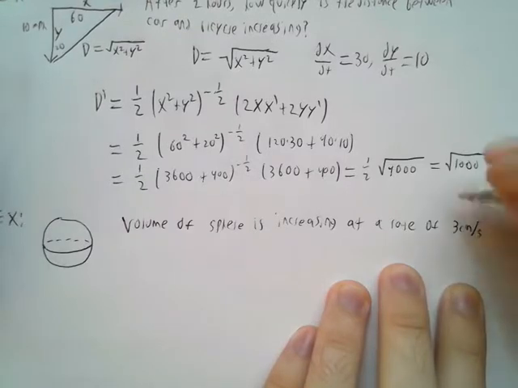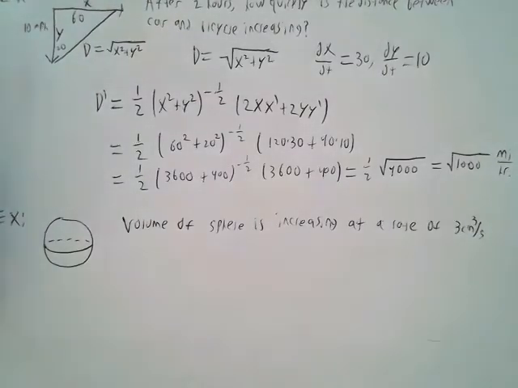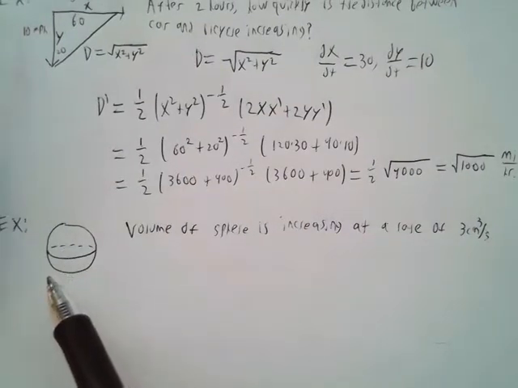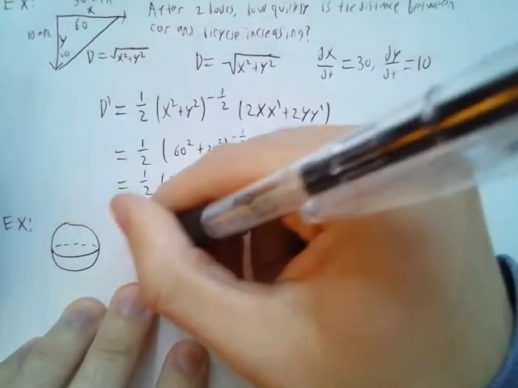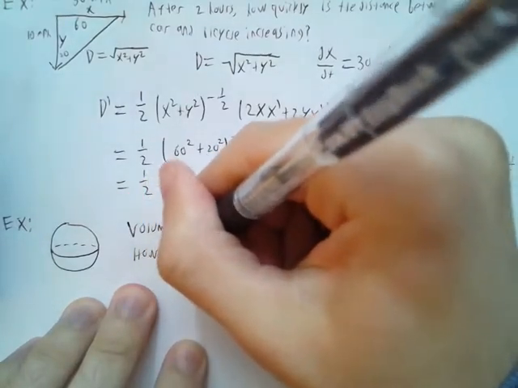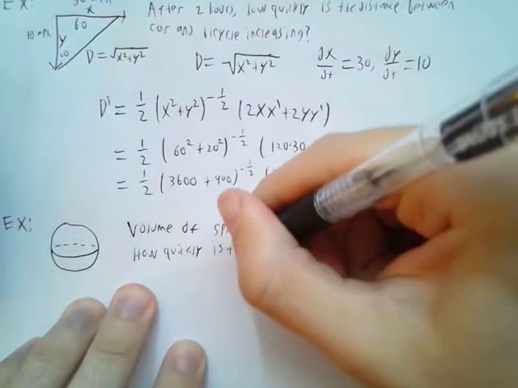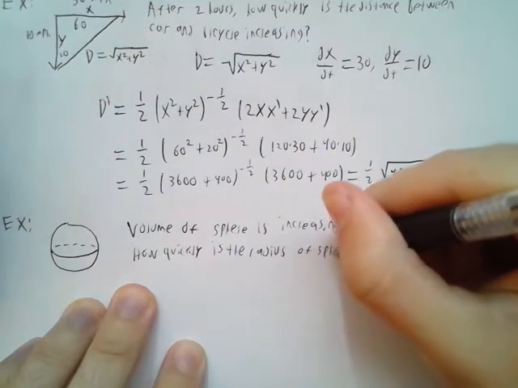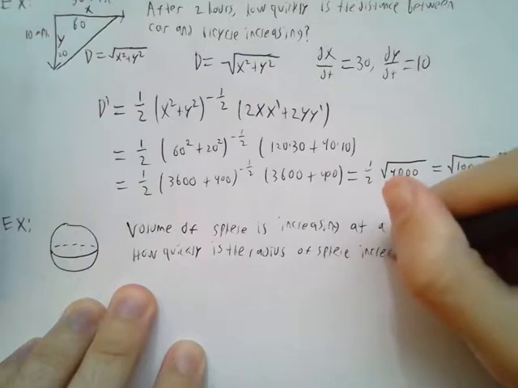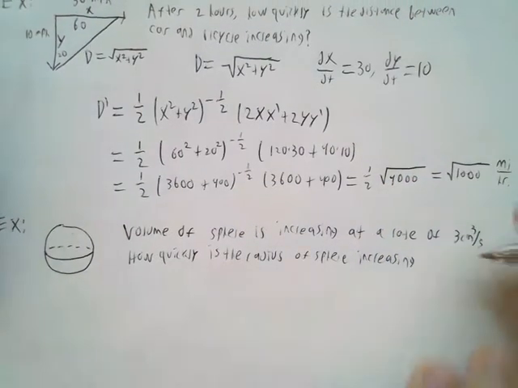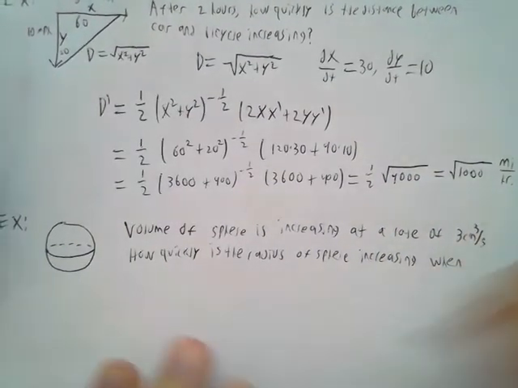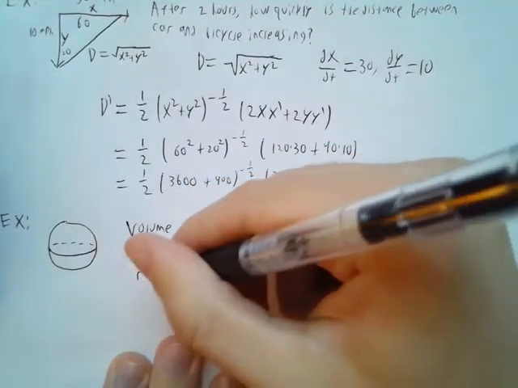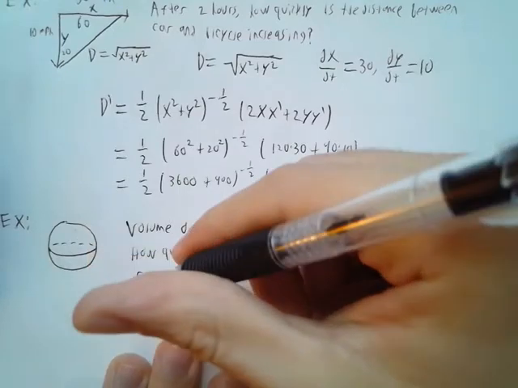So maybe you can imagine the sphere as a balloon and we're blowing air into it. And I'd like to know, how quickly is the radius of the sphere increasing when r is equal to 10 centimeters.